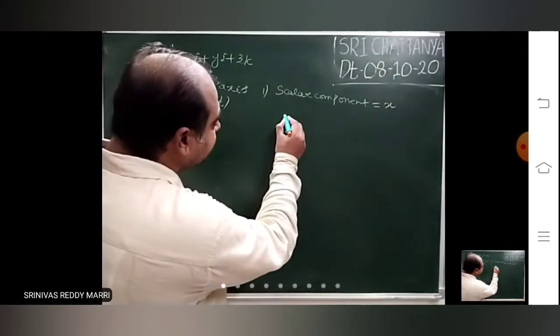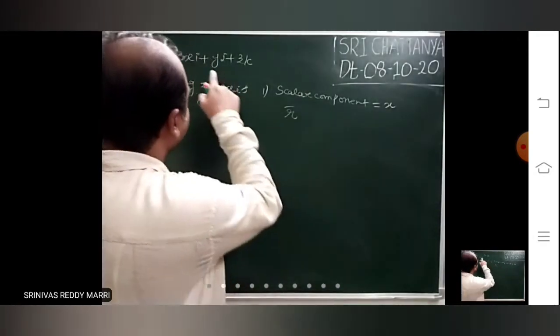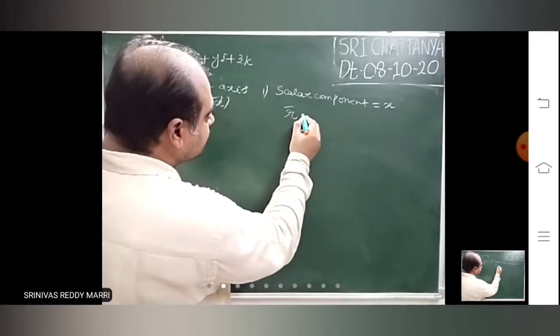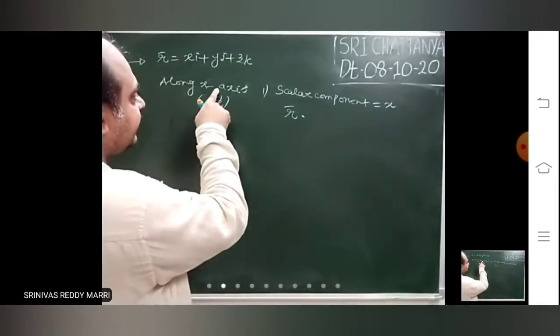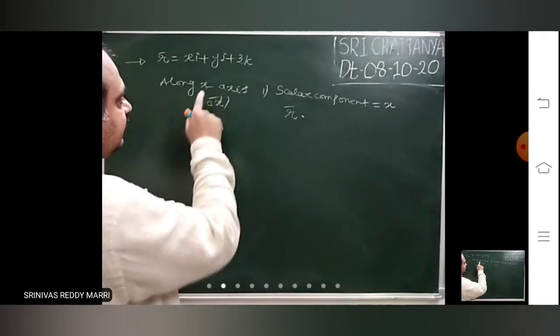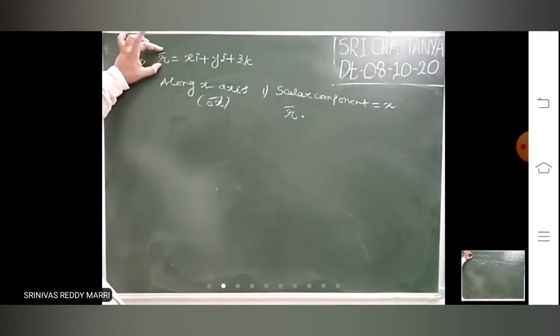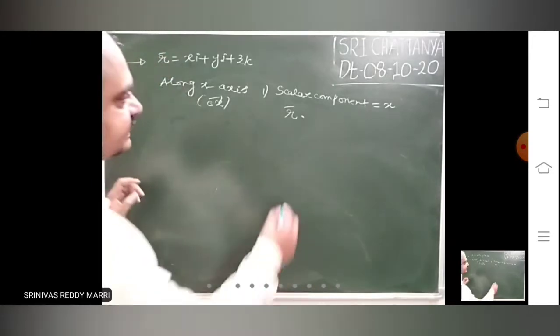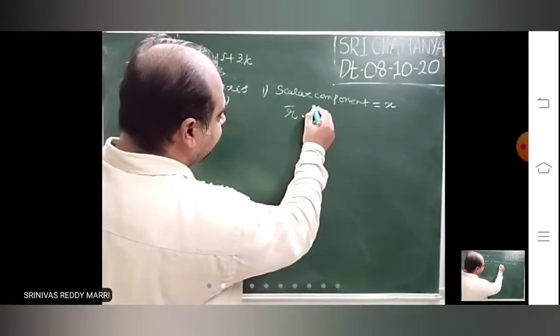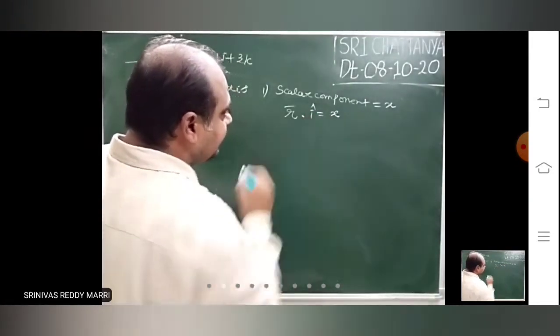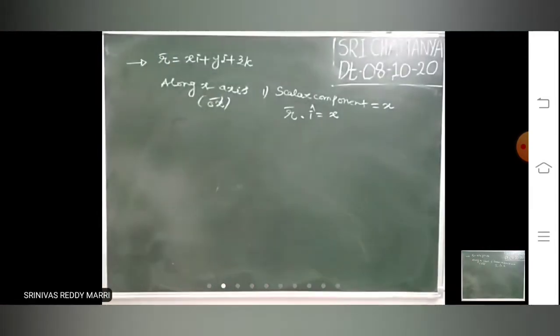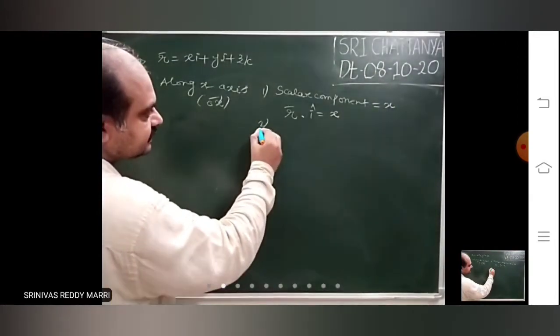Because scalar component is nothing but r bar, this vector, dot the unit vector along x-axis. Right? Along x-axis means what? This vector dot unit vector along x-axis. That means i cap. r bar dot i cap is nothing but what? x. Right?